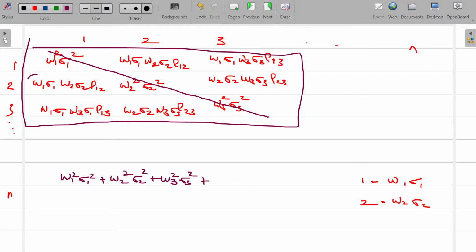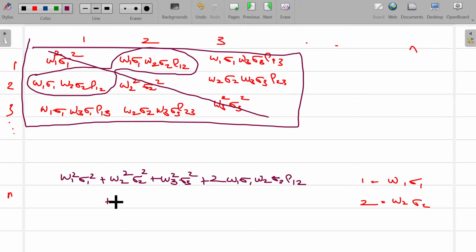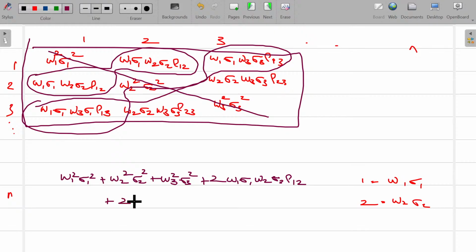Now these two resemble each other, so 2 times of W1 standard deviation 1, W2 standard deviation 2, correlation 1 and 2, plus I'll take these two: 2 times of W1 standard deviation 1, W3 standard deviation 3, correlation 1 and 3.